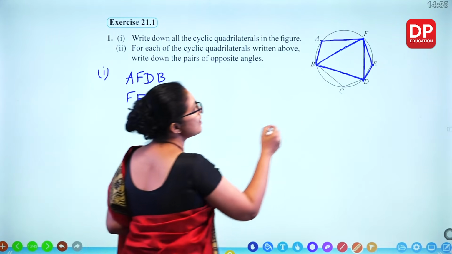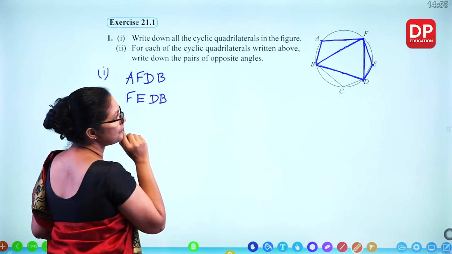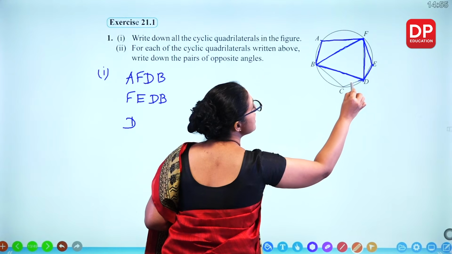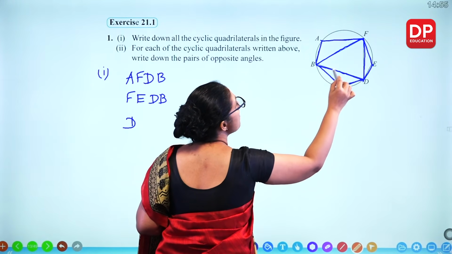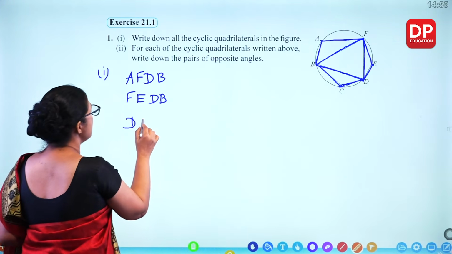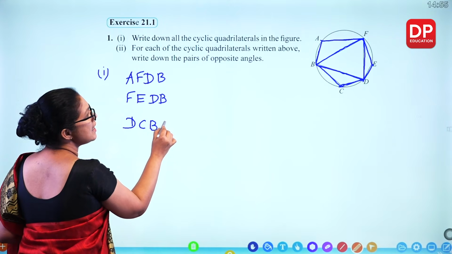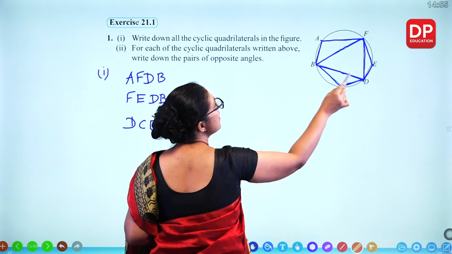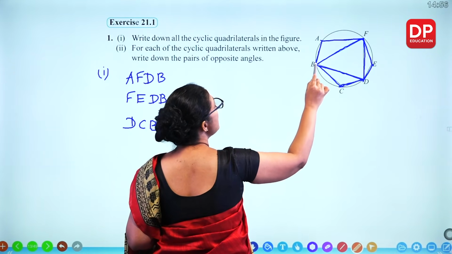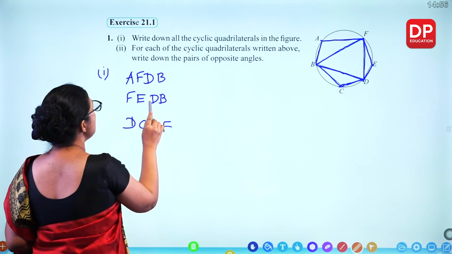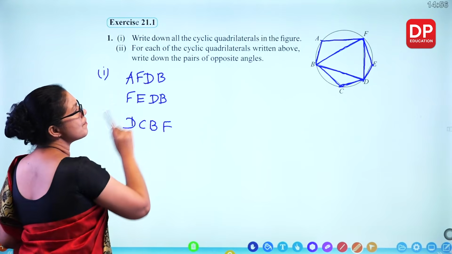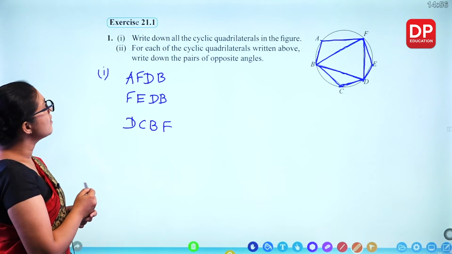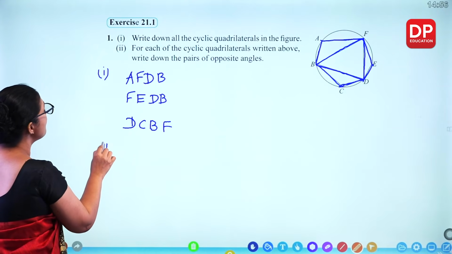Now we'll start with D. D, C, B, F. We can take another one, but we have already taken that one. D, B, A, F. So how many cyclic quadrilaterals we get? 3 cyclic quadrilaterals.